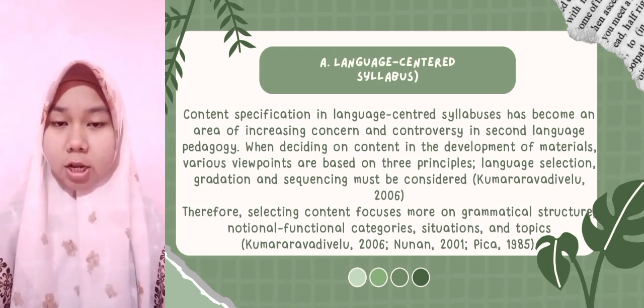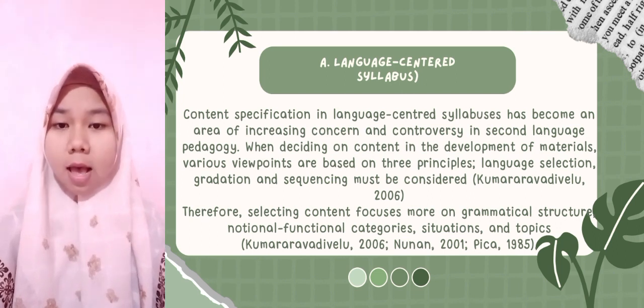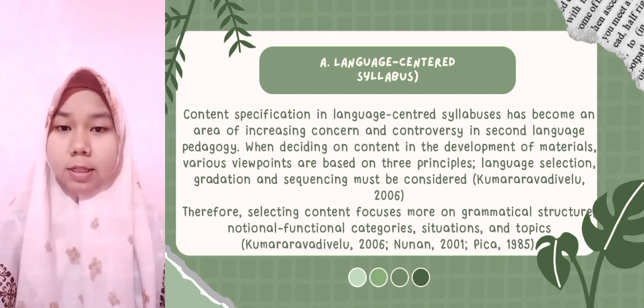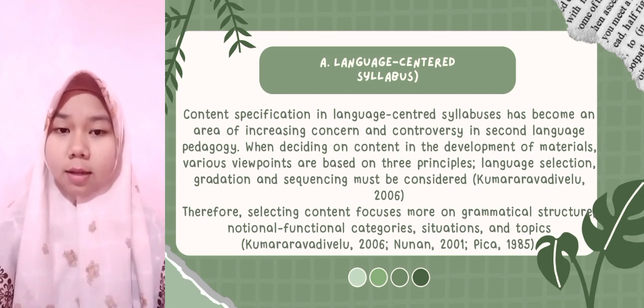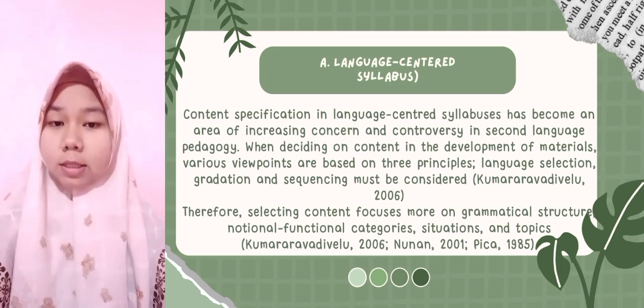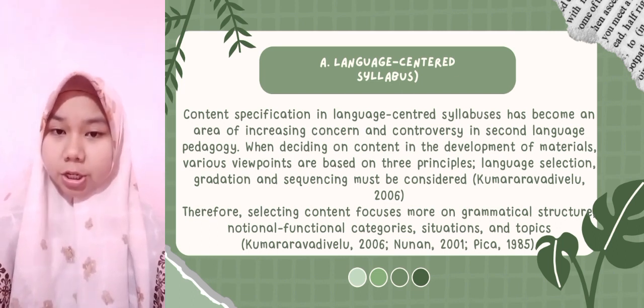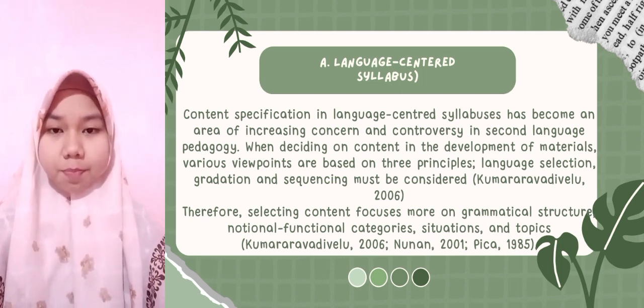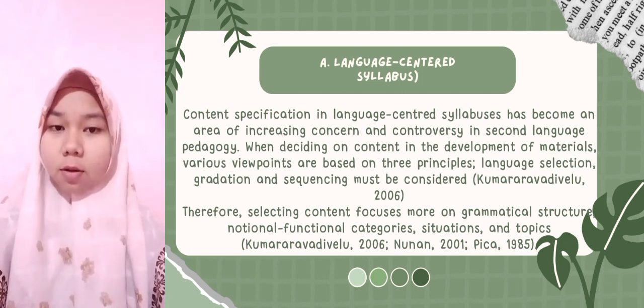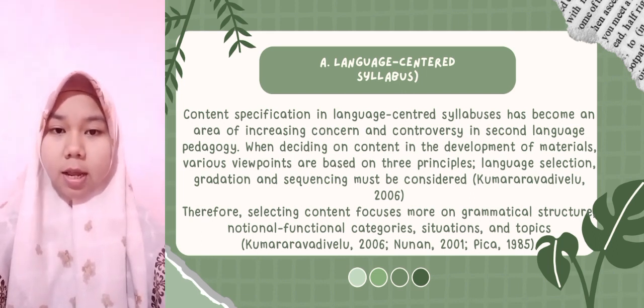Content specification in language-centered syllabuses has become an area of increasing concern and controversy in second language pedagogy. When deciding on content in the development of material, various viewpoints are based on three principles. Language selection, gradation, and sequencing must be considered. Therefore, selecting content focuses more on grammatical structure, notional function categories, situation, and topic.